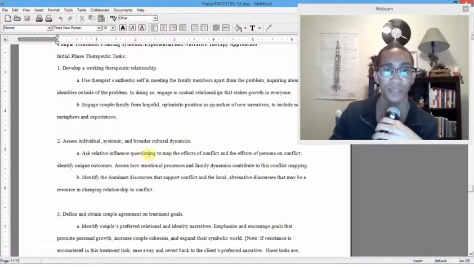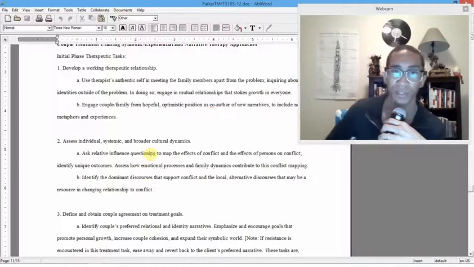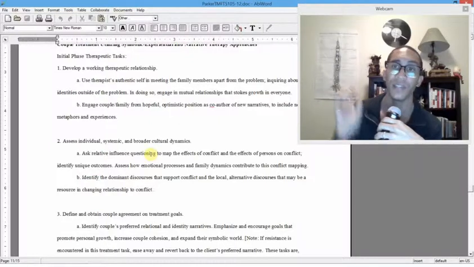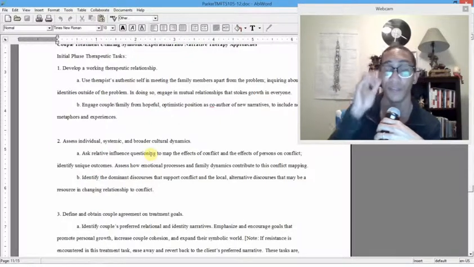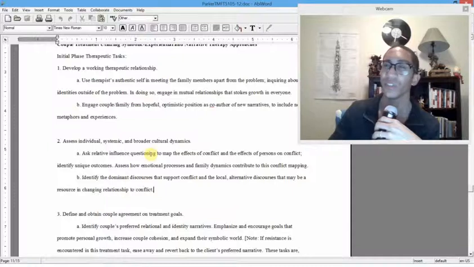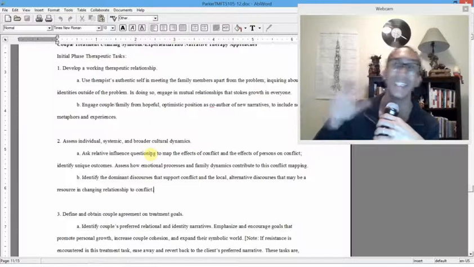Identify the dominant discourses that support conflict and the local alternative discourses that may be a resource for changing relationships to conflict. This is pretty huge in narrative therapy because when you have a family unit and they talk about how they argue so much or certain fights always happen, you've got to find those parts when it didn't happen that way and it happened a different way.